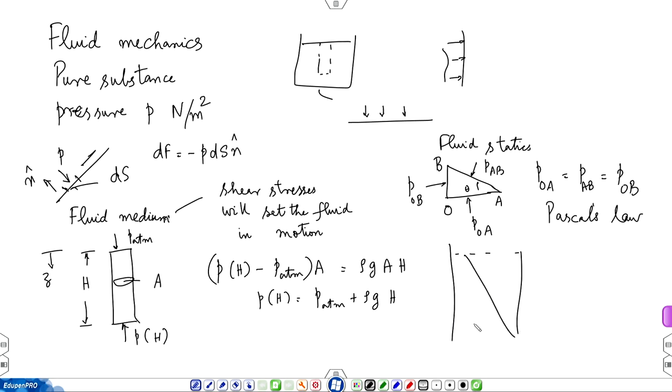So this h can be anything. If you replace h by z, that is a linear variation in pressure with respect to z. So it is a linear variation starting from P at atmosphere to P h at the base. So as you go deeper into the liquid, it could be a fluid, as you go deeper into the fluid, pressure continuously increases and is balanced by the weight. So on a large scale, of course, weight is important, but at the elemental scale, it plays a small role.